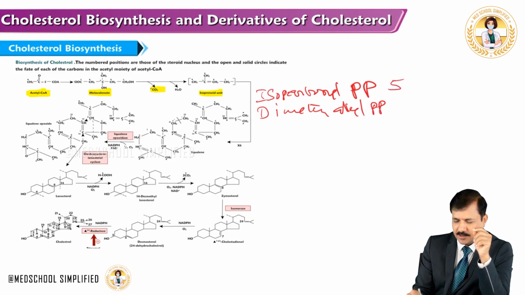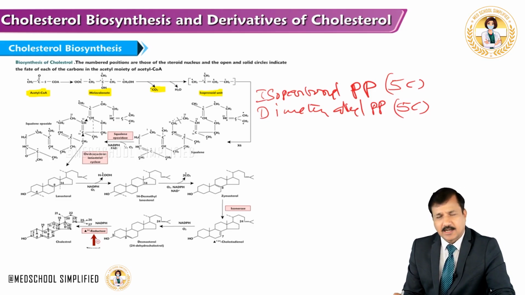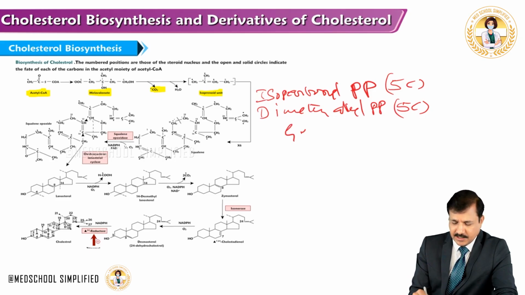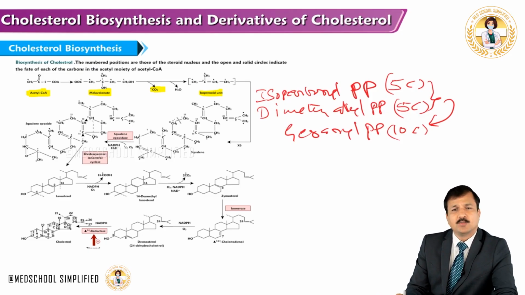So one is 5-carbon and the other is 5-carbon. Now isopentenyl pyrophosphate and dimethyl allyl pyrophosphate combine together to make geranyl pyrophosphate, which is a 10-carbon molecule.